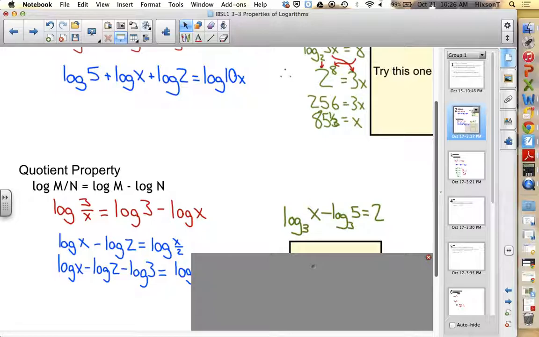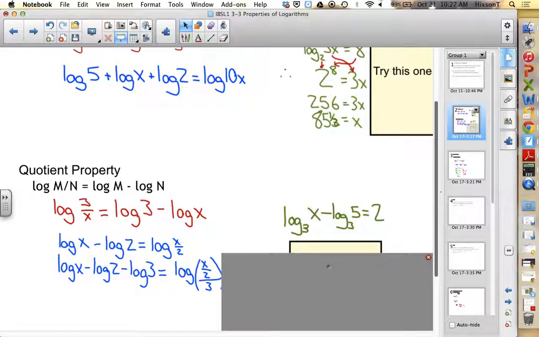Is that a 2 or a z? I think it's a 2. It'd be x over 2, over 3, right? I'm pretty sure that's a 2. So, alright, x over 2 over 3.